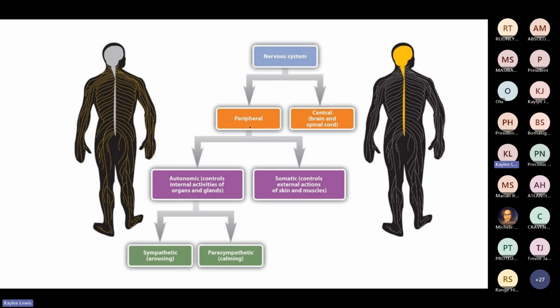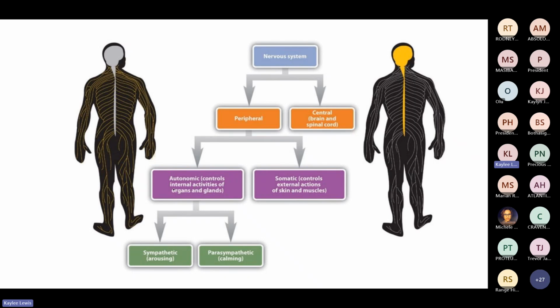However, your peripheral nervous system can be further split up into your somatic and your autonomic nervous system. Now, your somatic nervous system is controlling your voluntary muscles, or it's going to your voluntary muscles. Well, your autonomic, I just think of automatic, it does it without us thinking.